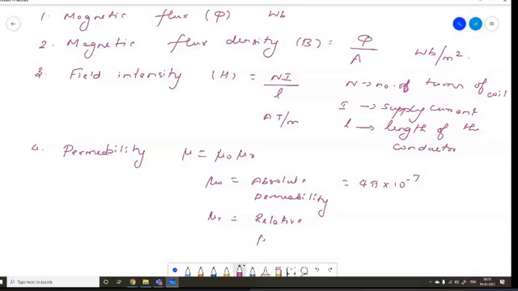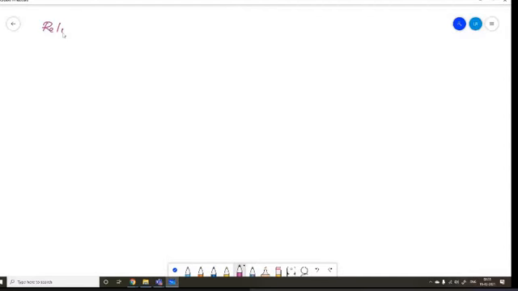And then we also discussed reluctance. The reluctance was denoted by S, that is L by area of cross section into mu, which is mu 0 into mu r. So this is ampere turns per Weber. L is the length of the conductor, and A is the area of cross section.